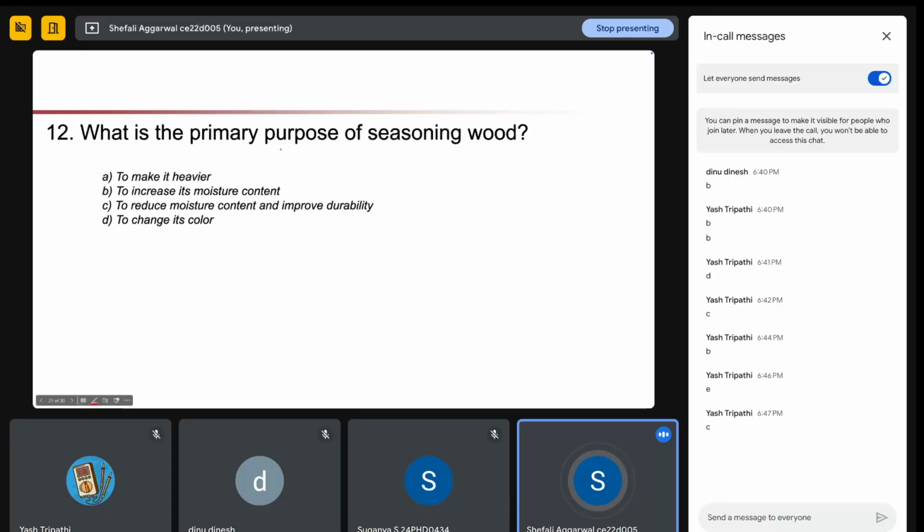What is the primary purpose of seasoning the wood? To make it heavier, to increase its moisture content, to reduce the moisture content and improve durability, or to change its color?